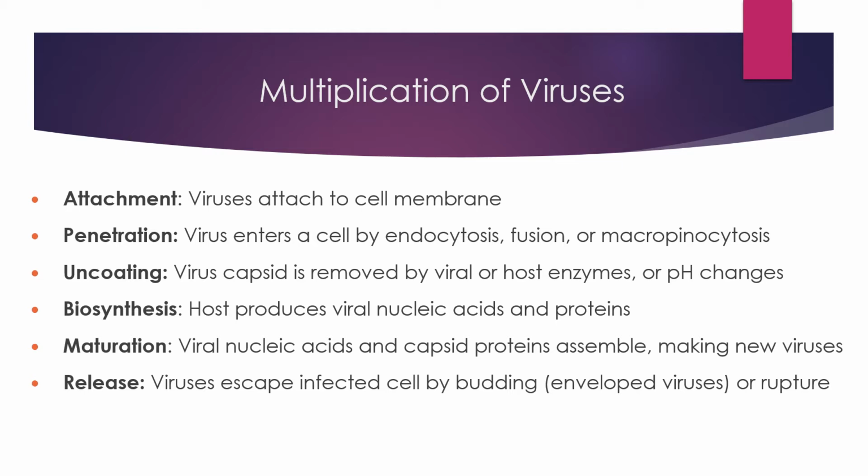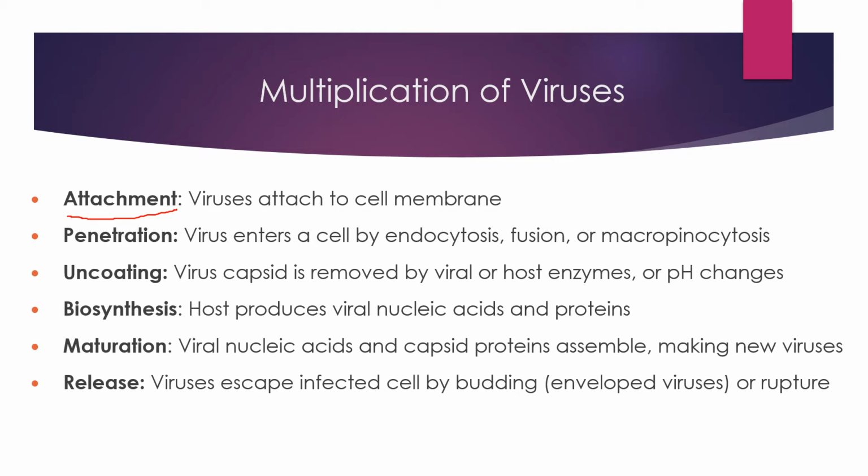You are responsible for knowing the 6 steps of a virus infection, as well as describing what happens during each step. In the first step, which is called attachment, the virus binds its adhesion receptor on the plasma membrane of a host cell. This event alone can trigger the next step, called penetration.